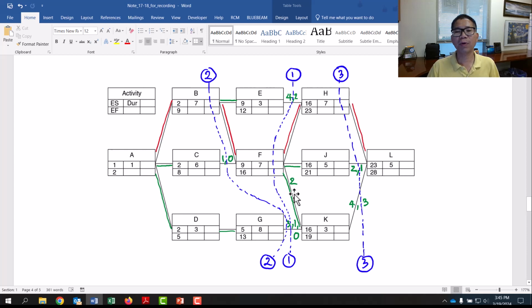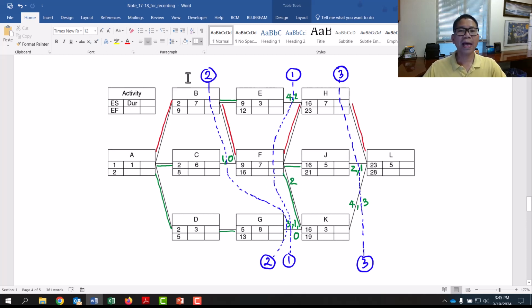It has become a positive number. Why is that? Because now F becomes 5 days, so you have 9 plus 5. The early finish of F now is 14, so for K you get 16 early start minus 14, that becomes 2.